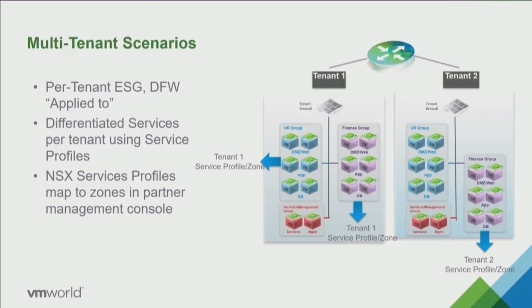Now, NSX has a construct called a service profile, which is basically a way to associate a configuration template to a policy. For example, the partner, in this case Palo Alto Networks, can isolate or define a tenant as a zone. And then you can create a policy for zone A or tenant 1.